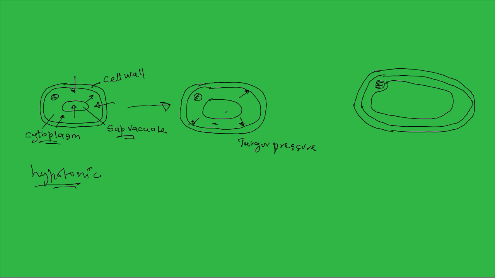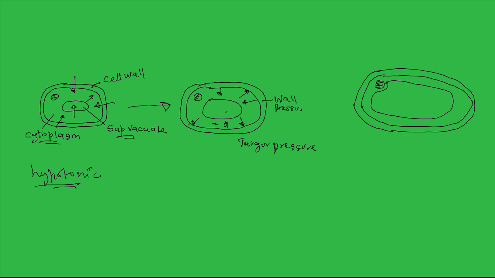Now, as more and more water enters the cell, the turgor pressure will increase, and as a reaction, the wall pressure will also increase. So the cell will continue to expand, but remember, a point will be reached when this inelastic cell wall will resist further stretching.